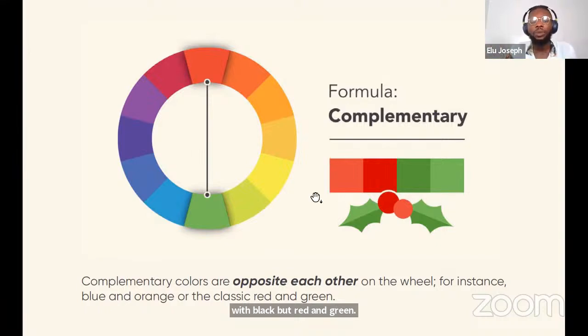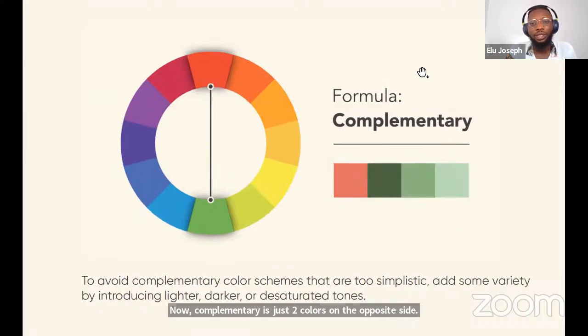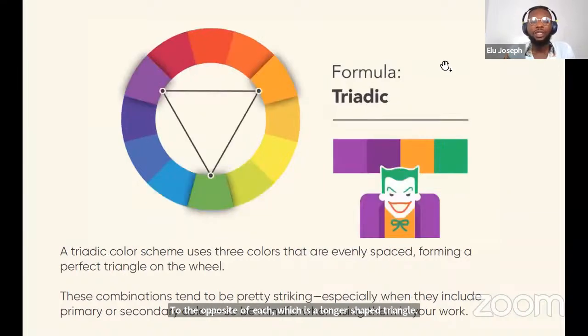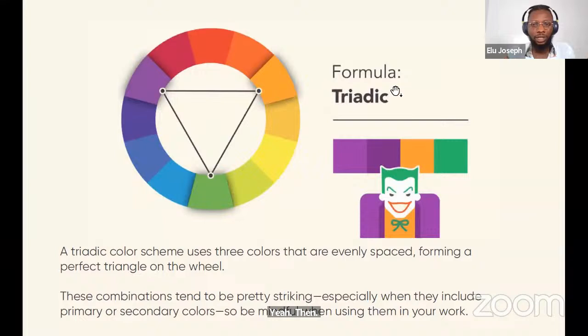Okay, now complementary is just two colors on the opposite side, and I said there is split complementary, which is adding one color to the opposite of each, which gives a longer shaped triangle. Yeah. Then triadic, which is a perfect triangle, all equal size, gives us this. And I gave you the example of the Joker.